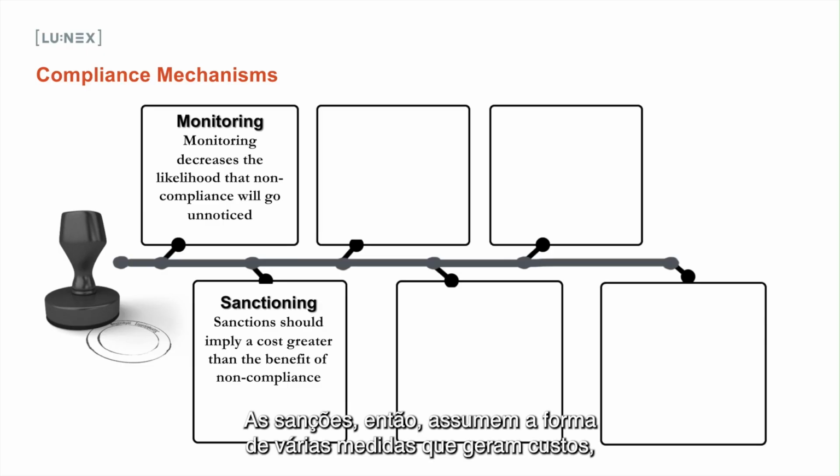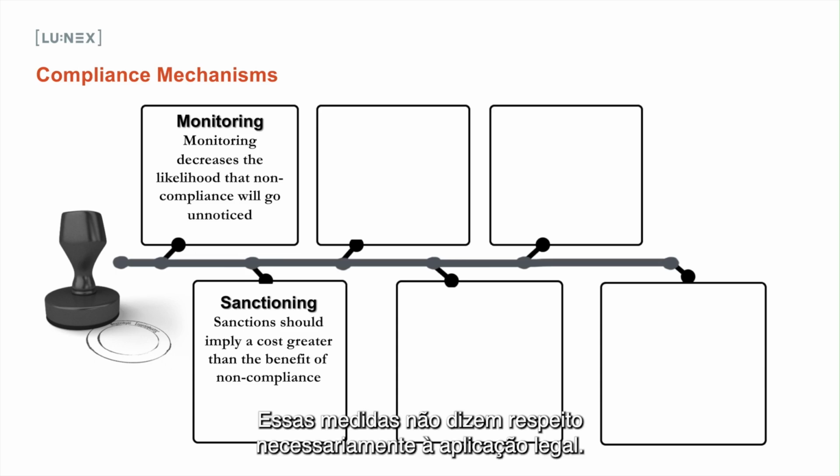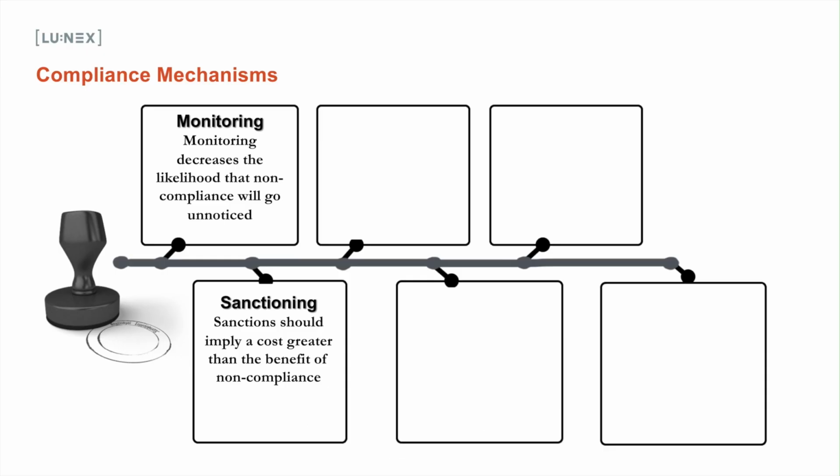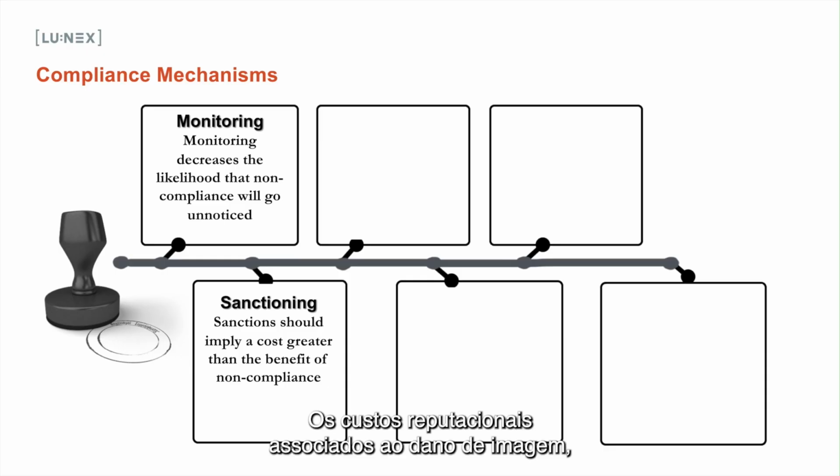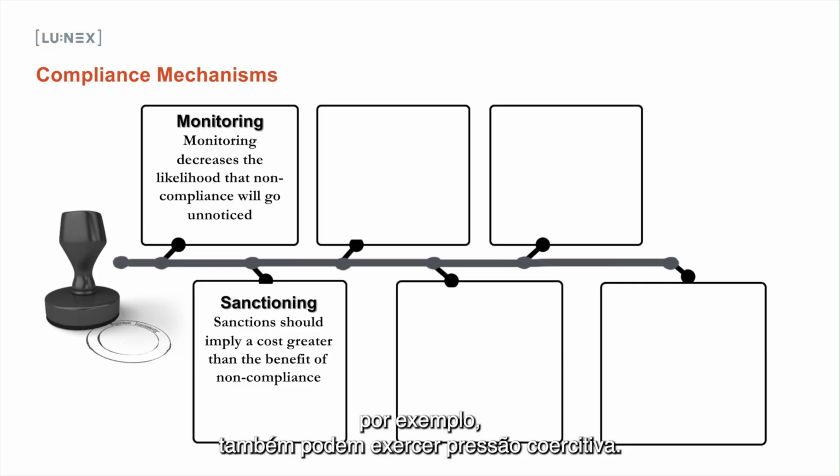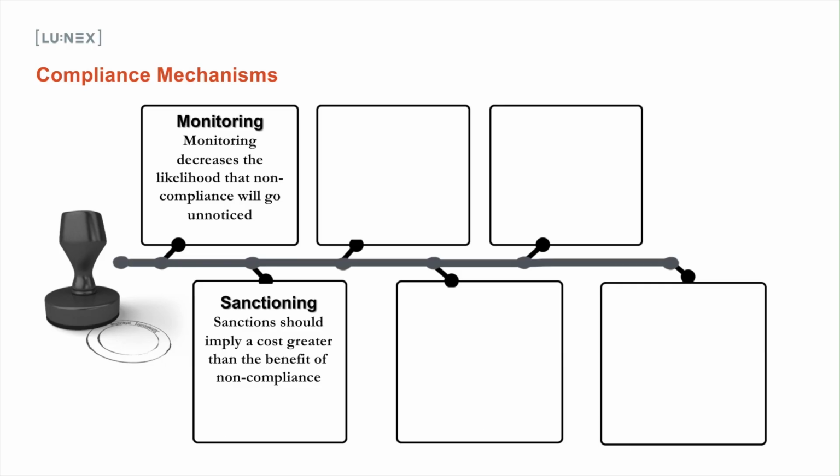Sanctions then take the form of various measures that have costs, including financial consequences or exclusion from other benefits. These measures are not necessarily about legal enforcement. Reputational costs associated with name tarnishing, for example, can also exert coercive pressure.